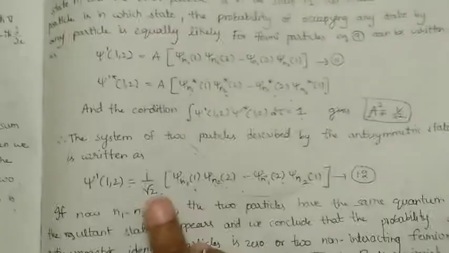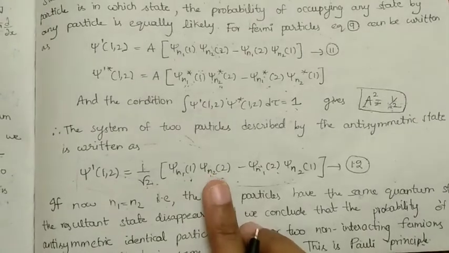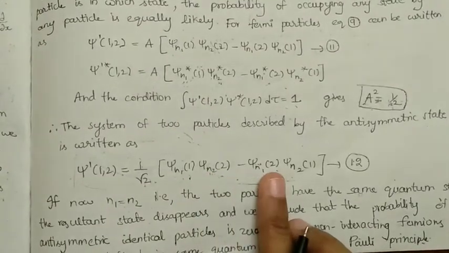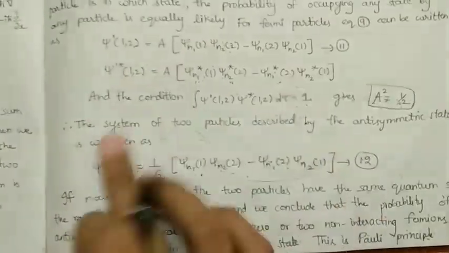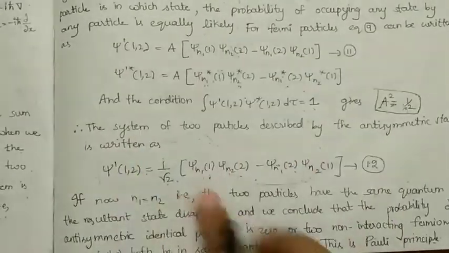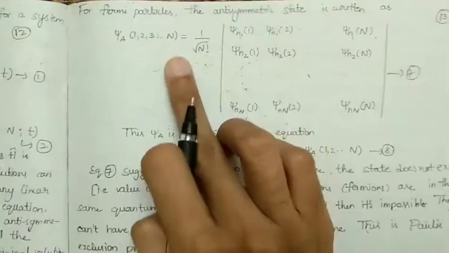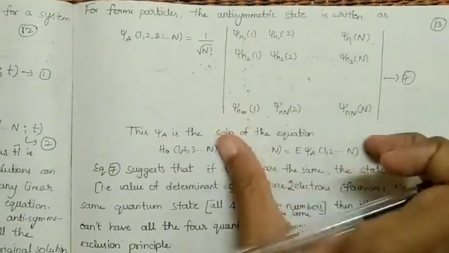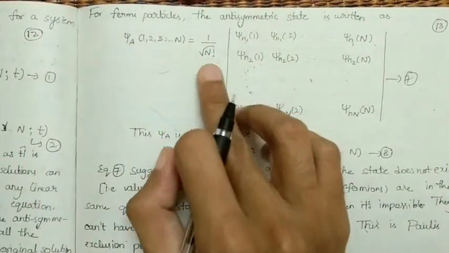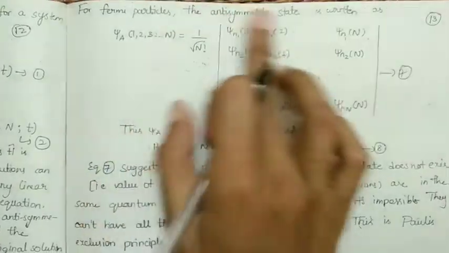So this is 1 by root 2 times n1 of 1, n2 of 2 minus n1 of 2, n2 of 1. This is the antisymmetric wave function for the system of two particles. For the case of n particles, this determinant is multiplied by 1 by root n factorial. So this is the antisymmetric wave function.